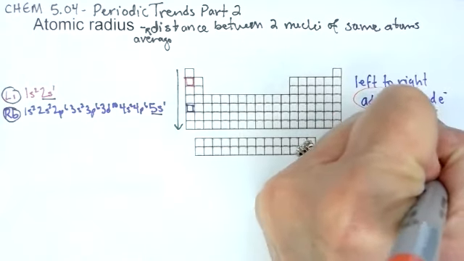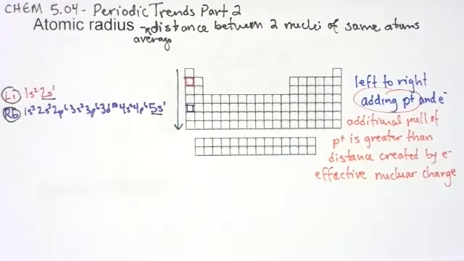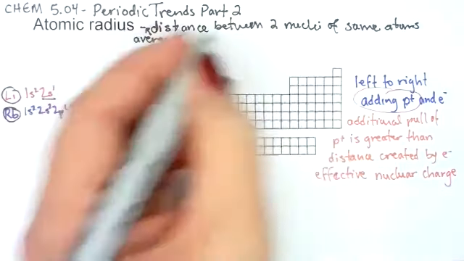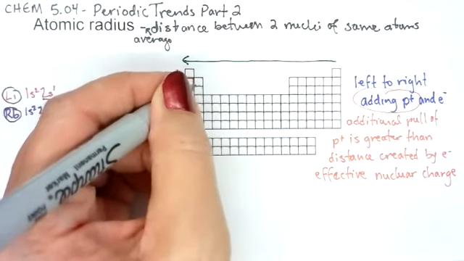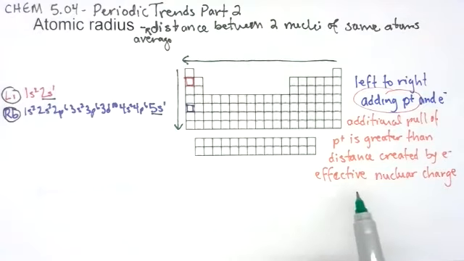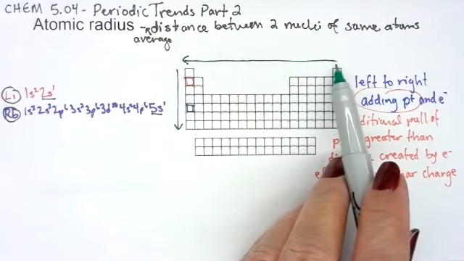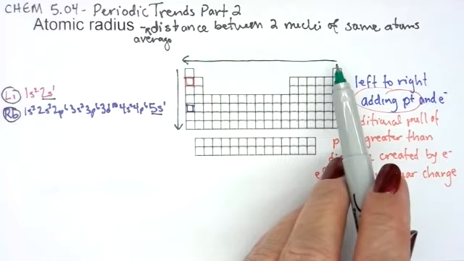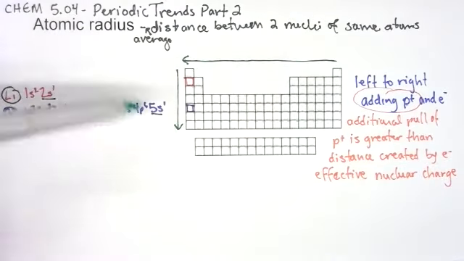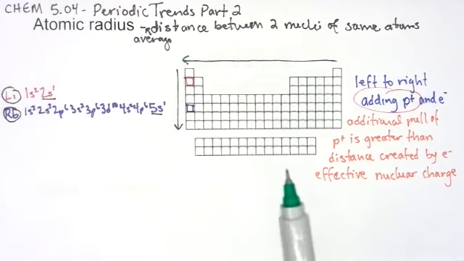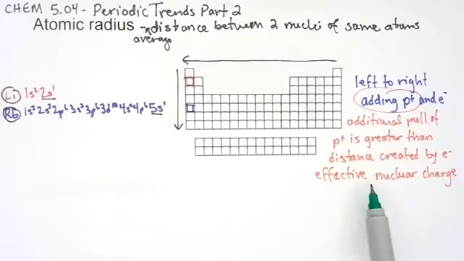Over here with fluorine, my 9 protons pull my electrons in tighter, and so this actually has a smaller atomic radius than beryllium or lithium. So because of effective nuclear charge, my atomic radius increases as I go from right to left, and of course it increases from top to bottom because I'm adding electron shells. But this is a little bit counterintuitive.